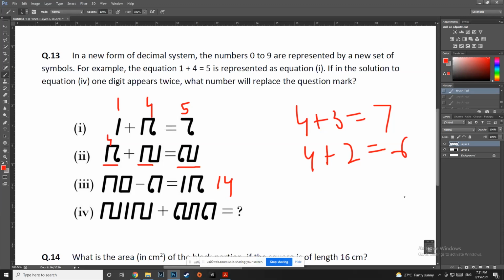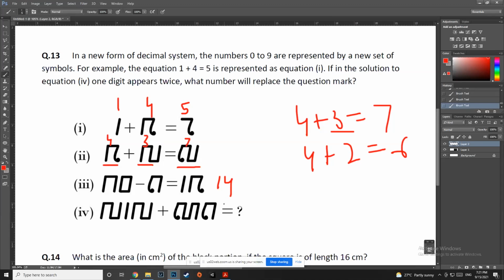Okay, is there any logic that can help us find whether it is 2 or 3? Okay, so for now, let us just take 3. So we will take this as 3 and we'll take this as 7. We're just doing a trial.